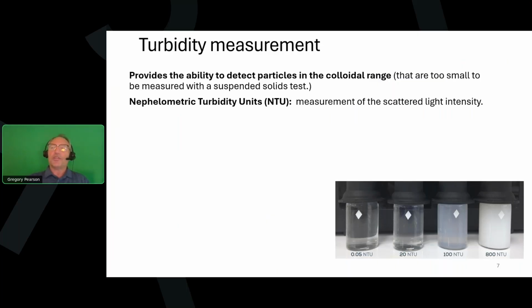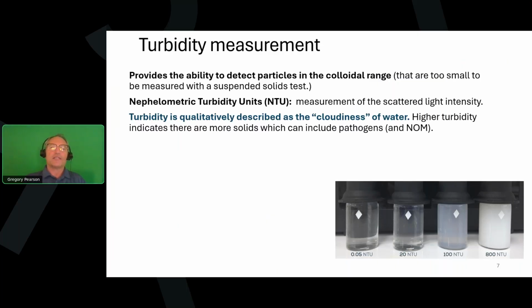And it's measured in NTU, it's the scattered light intensity. In general, you can think of turbidity as the cloudiness of water, and the higher the turbidity is, it means we could also have the presence of pathogens and natural organic matter. The surface water treatment regulations expect us to get the turbidity down to 0.3 NTU or below, and not to exceed 1 NTU at any time.